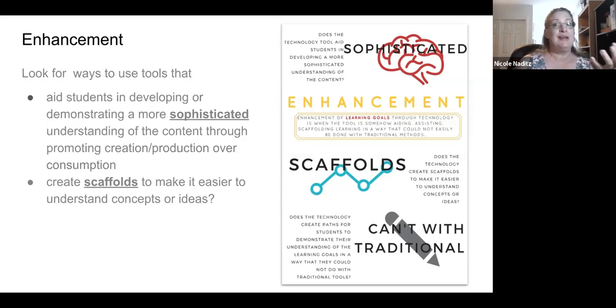We also know that we can build in scaffolds by explicitly linking new concepts to some foundational skill they had already learned previously, either in our class or in a previous year. Those can help build scaffolds. We can have scaffolds that adjust for students' language comprehension. So we want to try to have tools in place that will provide every learner with access to this information.